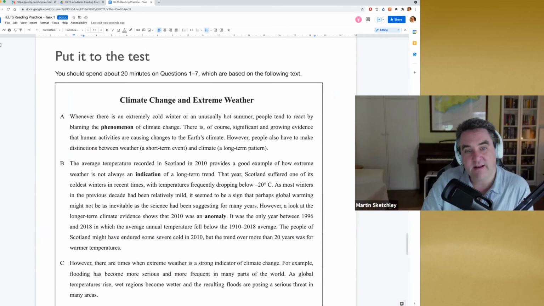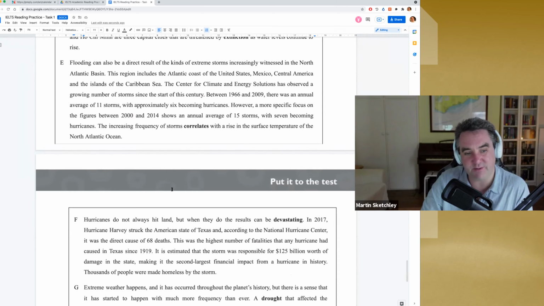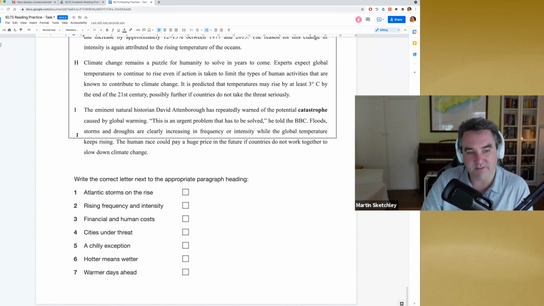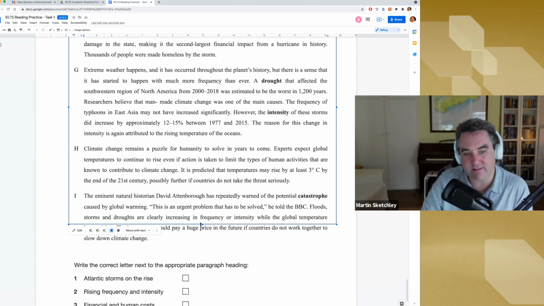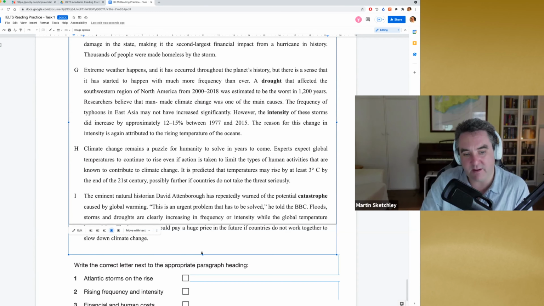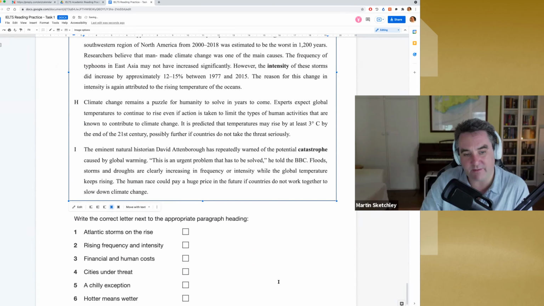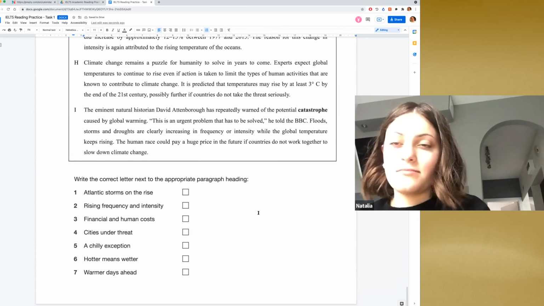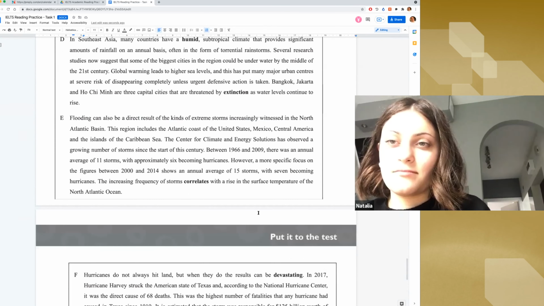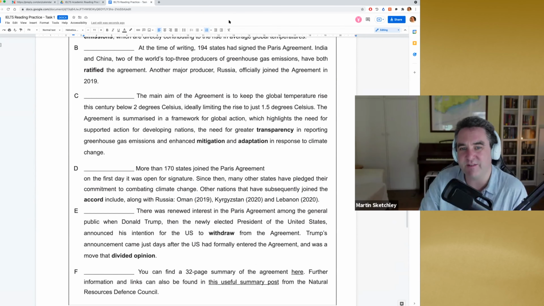And then like an actual test where you have 20 minutes and you have to answer questions 1 to 7, where it's basically matching the paragraphs A to I with the correct letter of the paragraph 1 to 7. But yeah, feel free to have a look at these, and we'll check our answers in our next class.